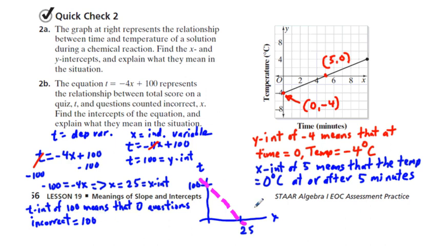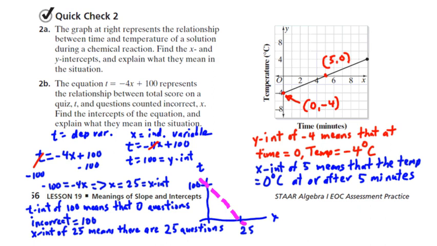And then your x-intercept of 25 means there are 25 questions, which, if you get all of them incorrect, you'll get a score of 0.